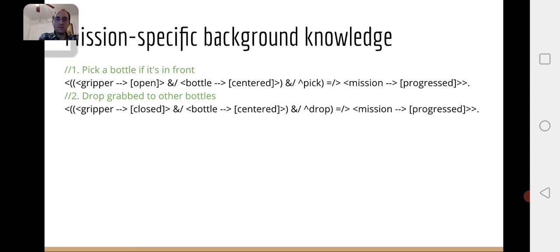So all we need to tell it is really only mission-specific stuff. Like, yes, we want the robot to pick the bottle if it sees it in front, and we want it to drop it if it sees other bottles, so that it can return the isolated bottle to the group.